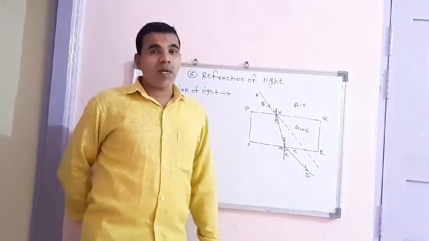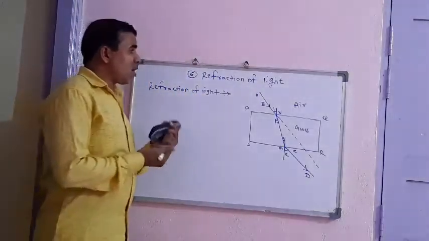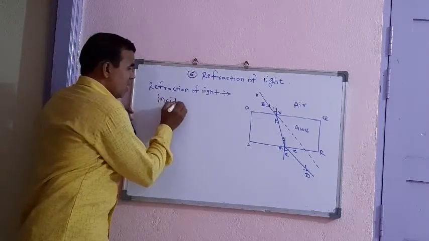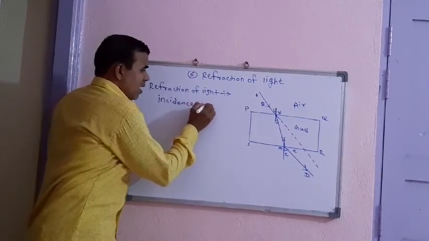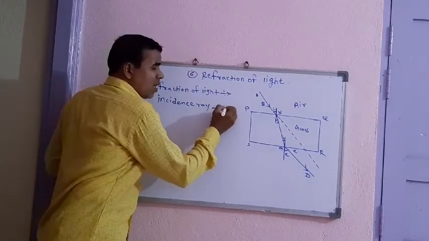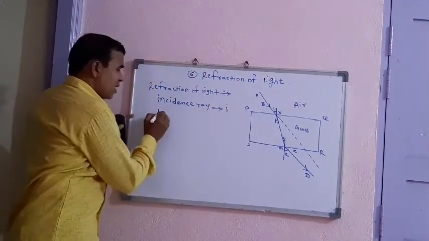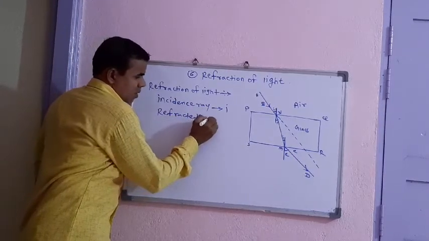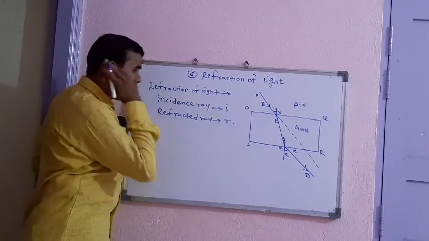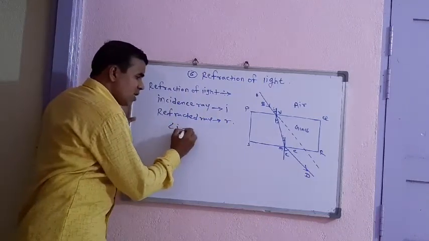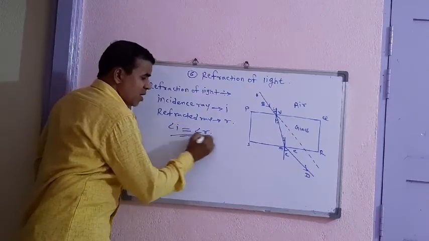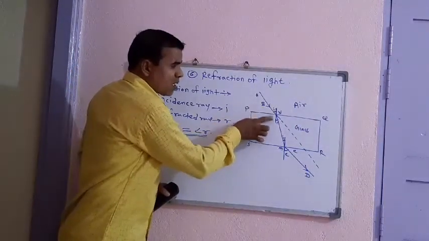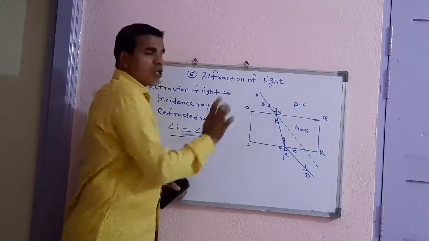It is very important. The angle of incidence is denoted by I, and the angle of refraction is denoted by R. The angle of incidence and angle of refraction are always opposite to each other.